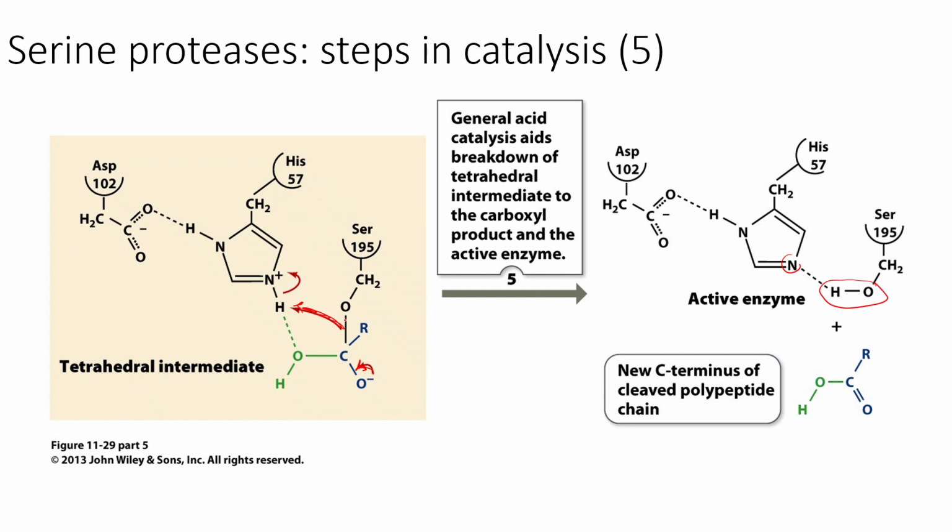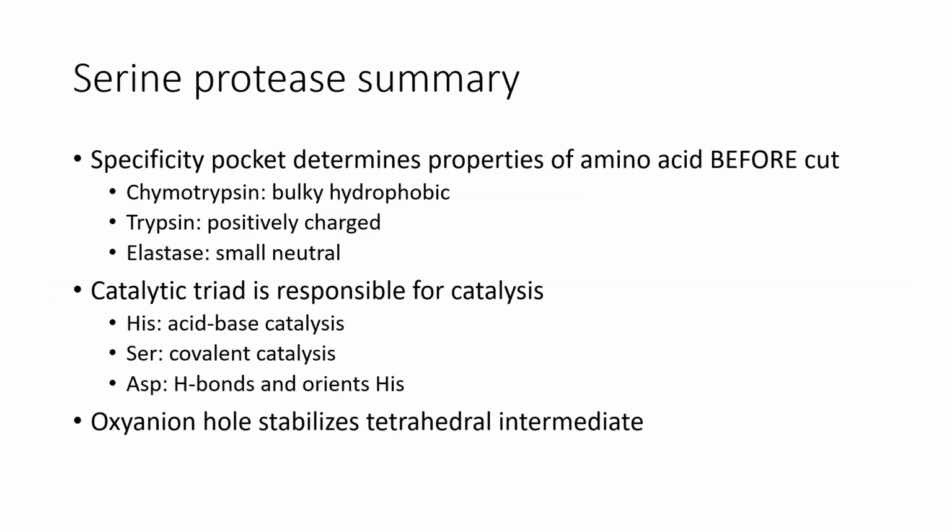And because we broke this bond to the serine, we're able to now release our new C-terminal end of that original protein that we were cleaving. And now the catalytic triad is back to where it started, right? Aspartate is still stabilizing our histidine imidazole ring with this nice hydrogen bond. The other nitrogen on the histidine imidazole ring is hydrogen bonding with the hydroxyl group on the serine. So everything is back to where it started, and this serine protease is ready to cleave a new substrate.